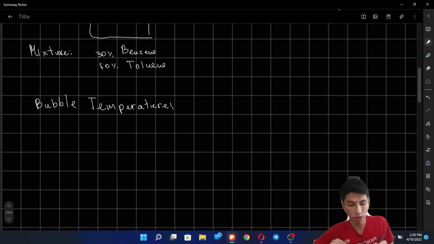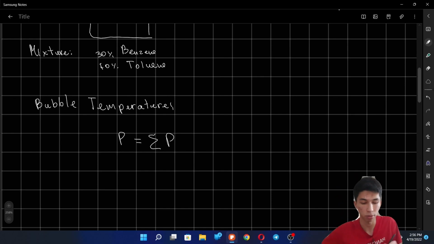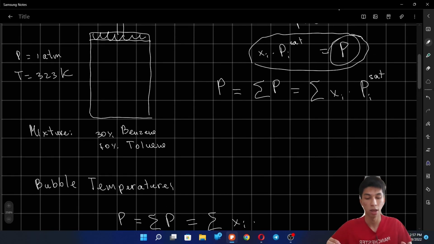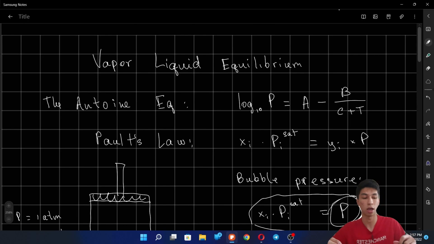So for the bubble temperature, we have another equation, which is, again, the total pressure must be equal to the sum of the partial pressures, which is equal to the mole fractions of components in liquid phase multiplied by the pure saturation pressure, but we're going to replace that using the Antoine equation.